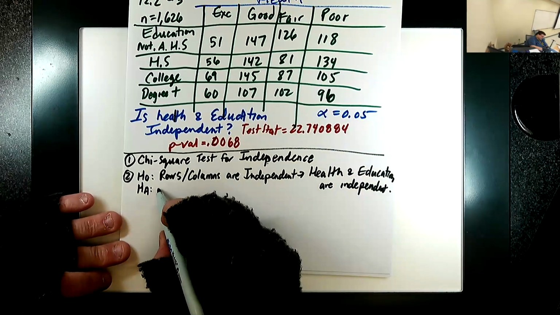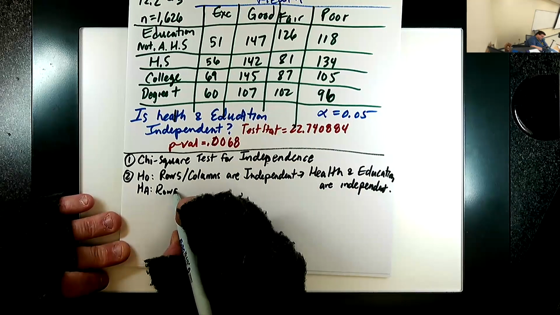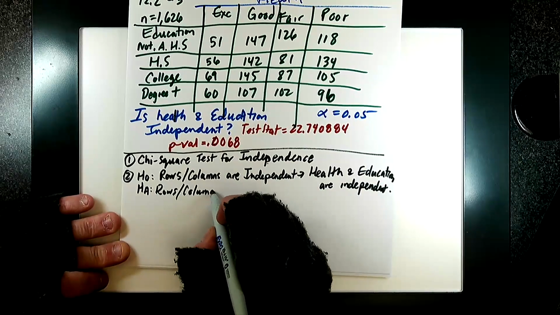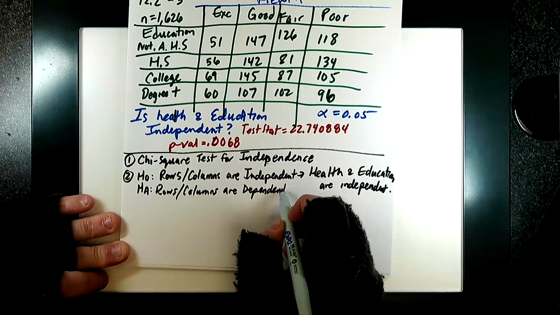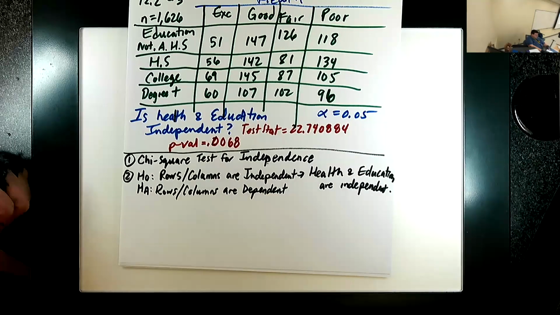And HA is rows and columns are dependent, with the corresponding health and education.